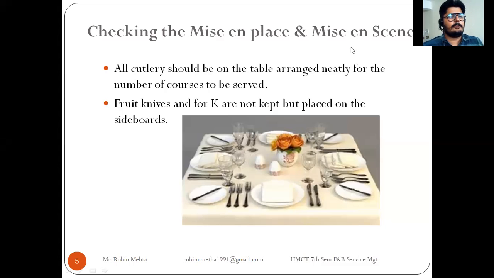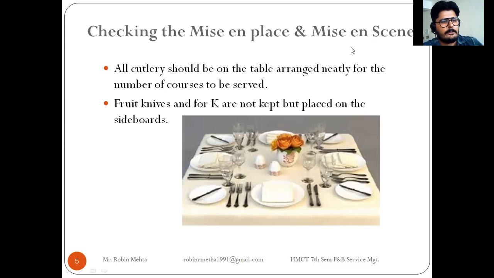But in TDH, or you can say in a table d'hôte menu, we all know about the menu in advance, whatever the guest wants to consume in a few minutes or at their event. So we put the setup according to that. If there is a 5 course menu, we put 5 courses according to that.